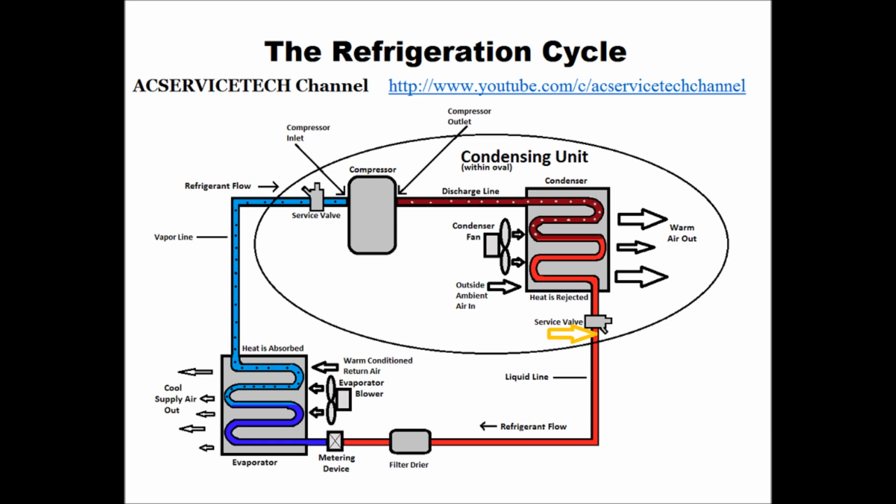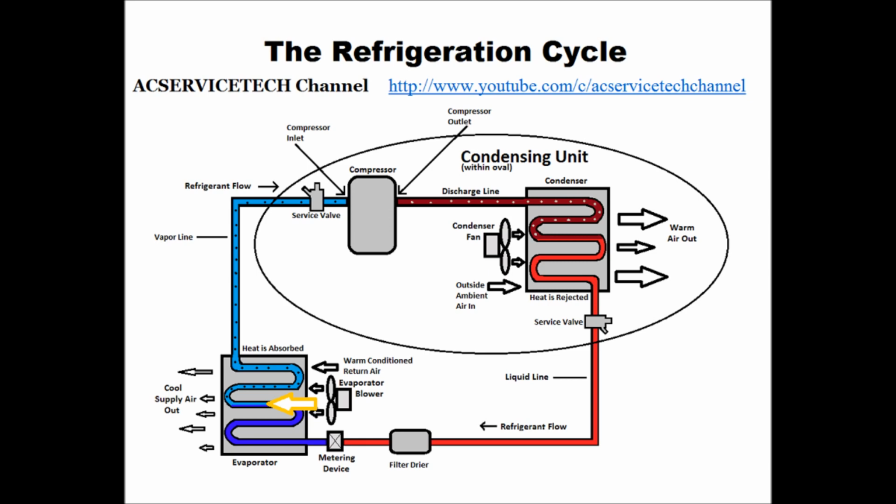It continues through the refrigerant line until it goes through the filter dryer, which absorbs any moisture in the refrigeration system, and then it hits the metering device where there's a pressure drop. It drops from high pressure, high temperature liquid refrigerant to a low pressure, low temperature, 80% liquid, 20% flash gas, but mainly liquid. After that, in the evaporator coil, as it absorbs heat, it turns into a saturated state in the middle of the evaporator coil.